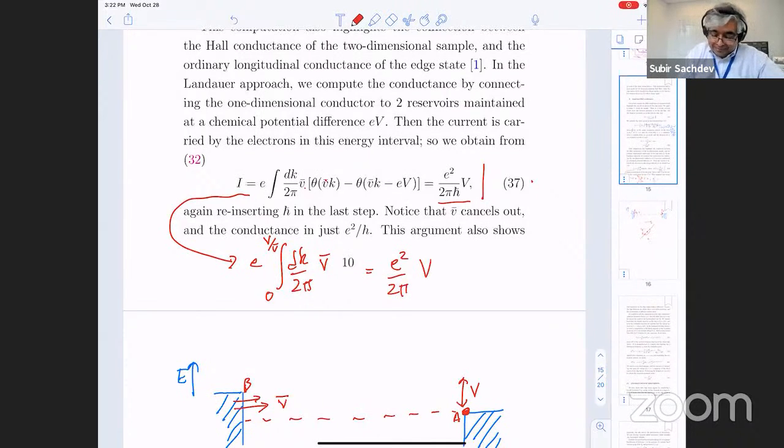And the 2 pi comes from this 2 pi here. Of course, we fudge the factor of h bar. We never remember h bars, just make sure the units come out right and put that many factors of h bar. But the 2 pi you have to keep track of, and that's where it comes from. Questions?